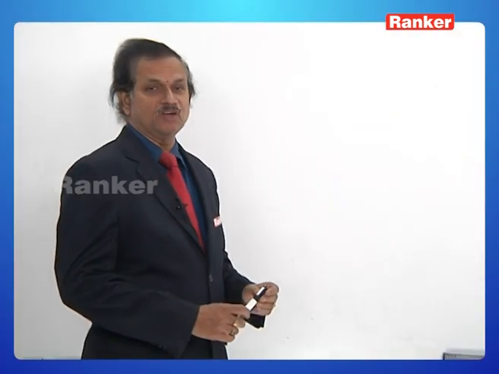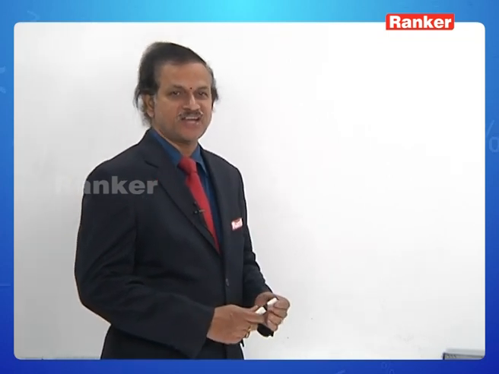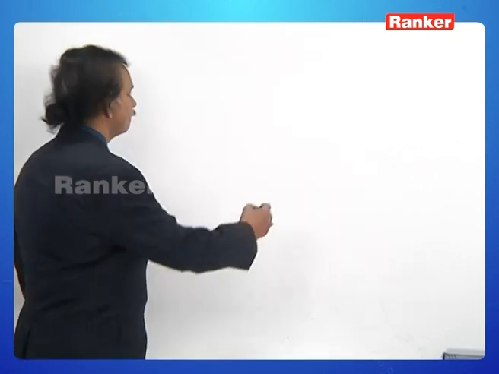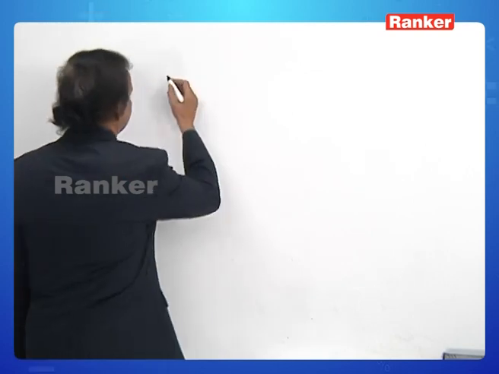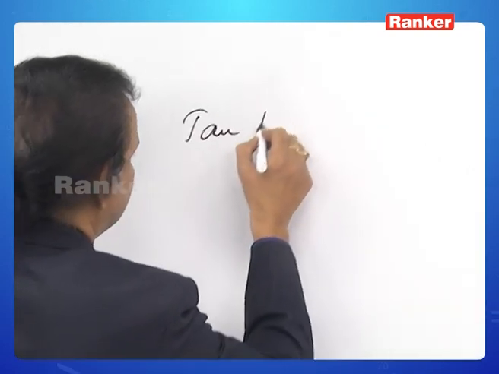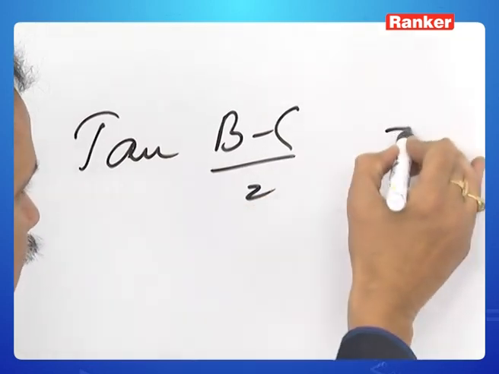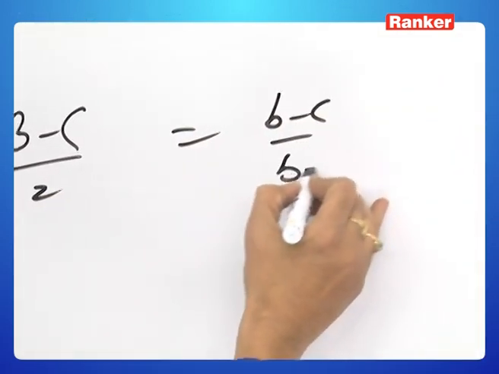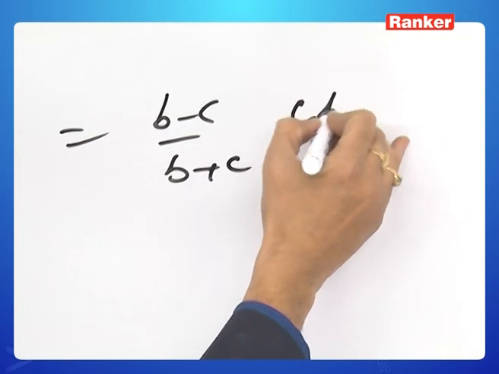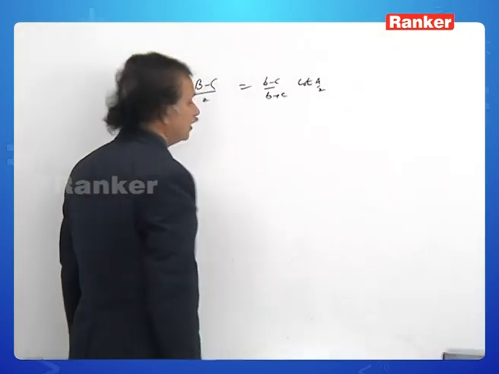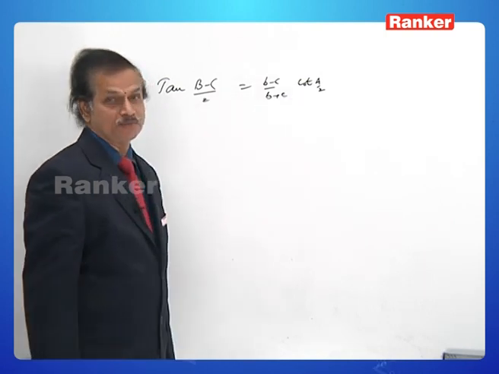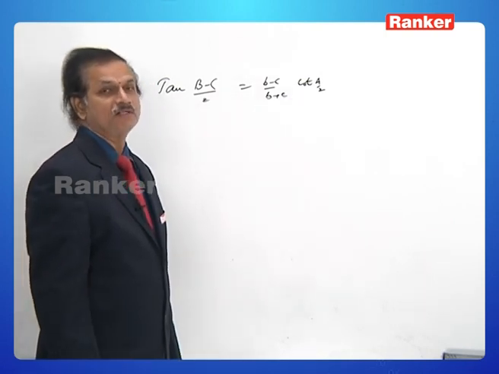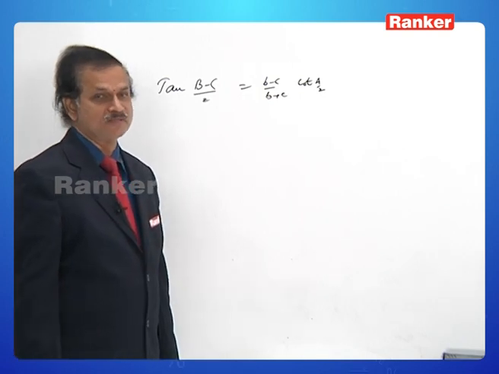After noting down sine rule, cosine rule, now it is our turn to look at the tangent rule. This is also called Napier's formula. What is that? Tan of (b minus c) by 2 is equal to (b minus c) by (b plus c) cot of a by 2. Of course, this can also be taken as tan of (b plus c) by 2, yes, because (b plus c) by 2 and a by 2 are complementary, isn't it?